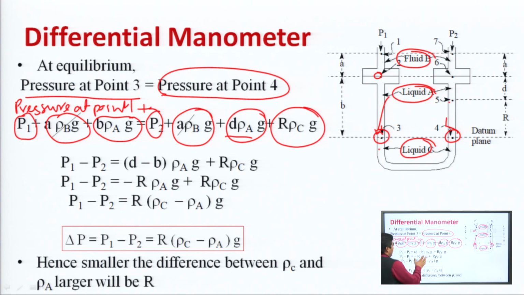Okay. Now, as you see, A rho B g and A rho B g are cancelled due to similar values.